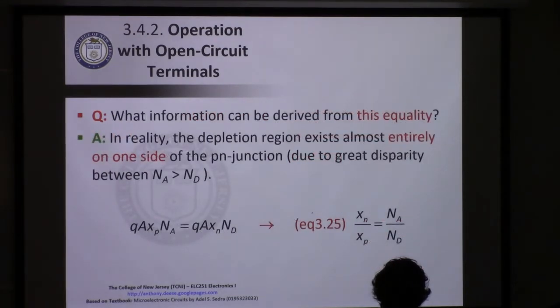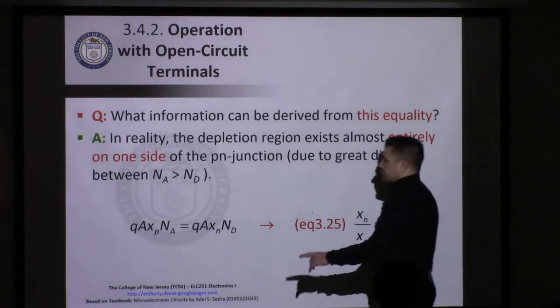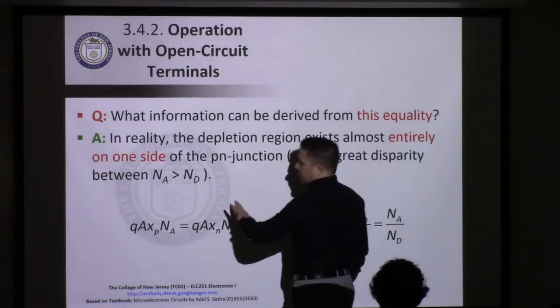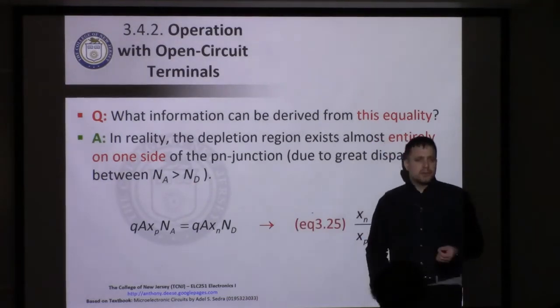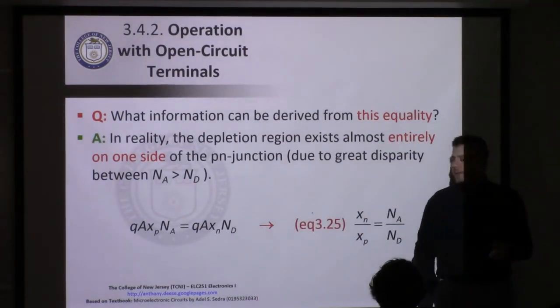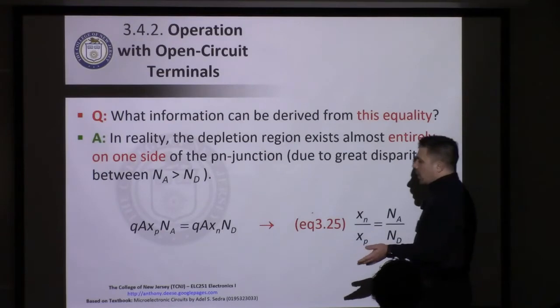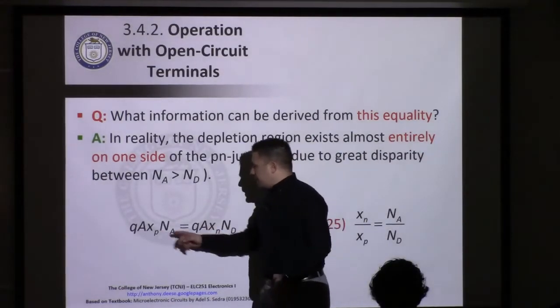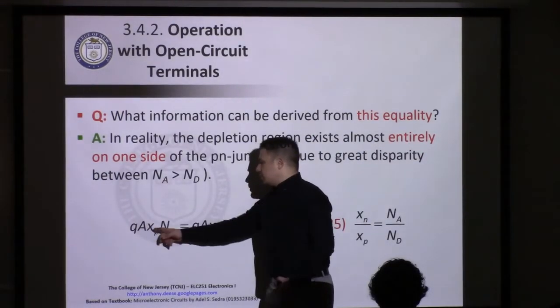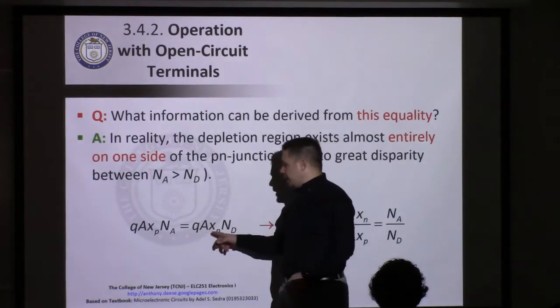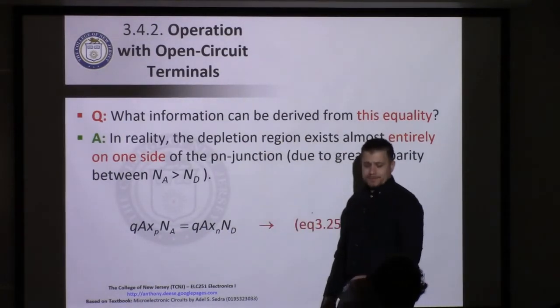Now, we know that these should be equal in order for equilibrium to be reached properly. With these equalities, we can knock off the A's and the Q's, and we're left with xp NA equals xn ND.